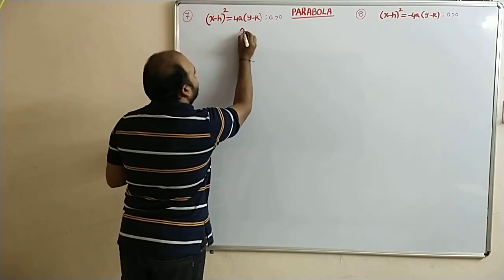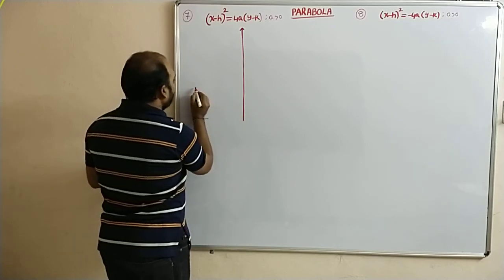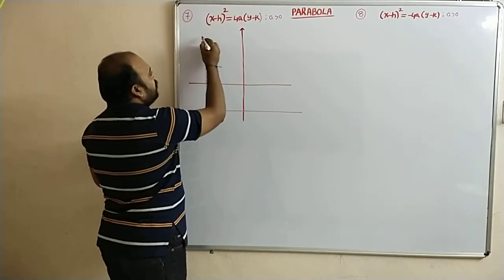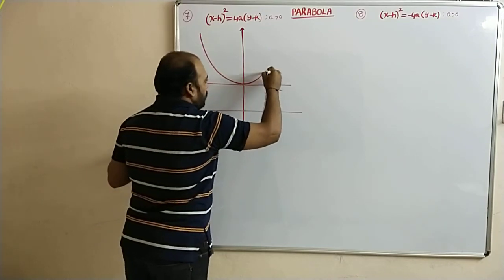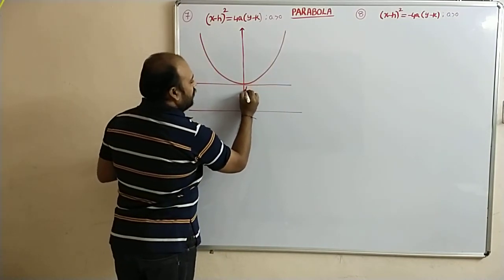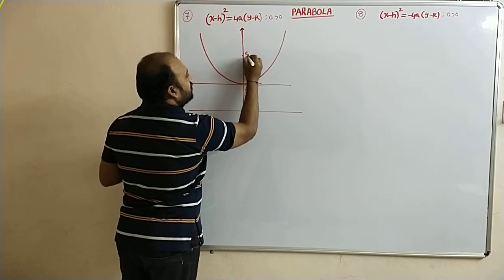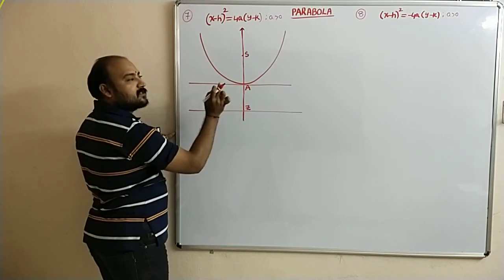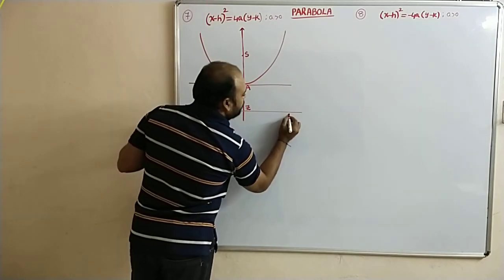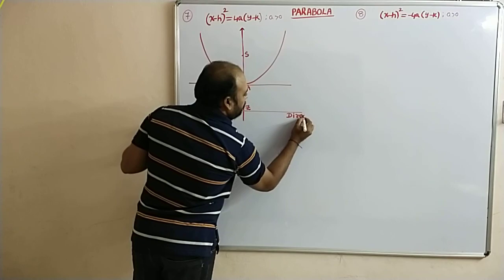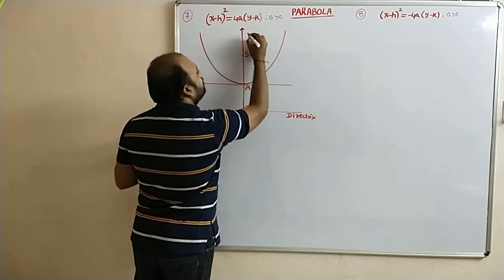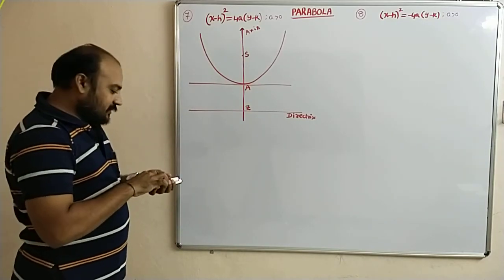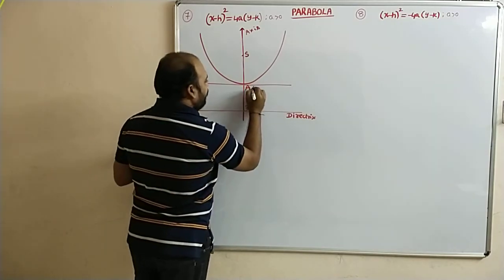The figure will become: this is the vertex of the parabola, focus of the parabola, and point of intersection of directrix as well as axis of the parabola. This is directrix. This is axis. The vertex is h comma k.